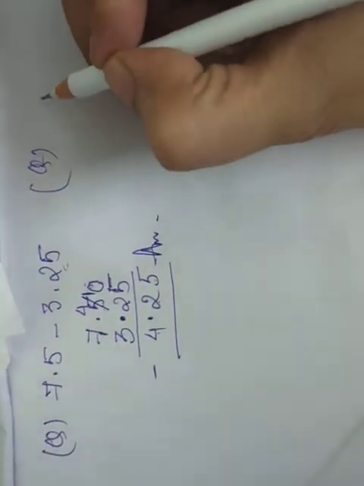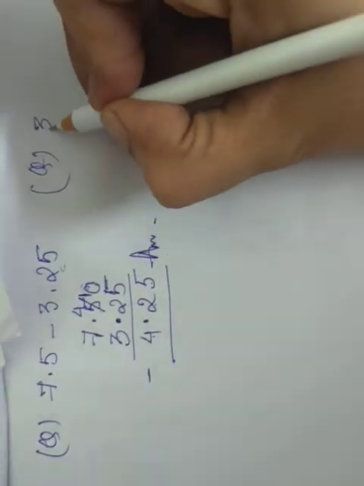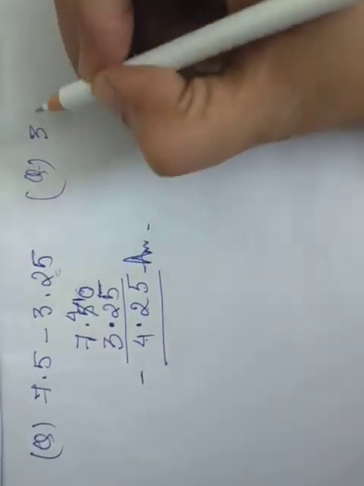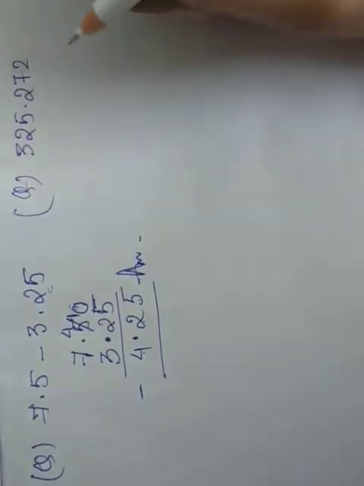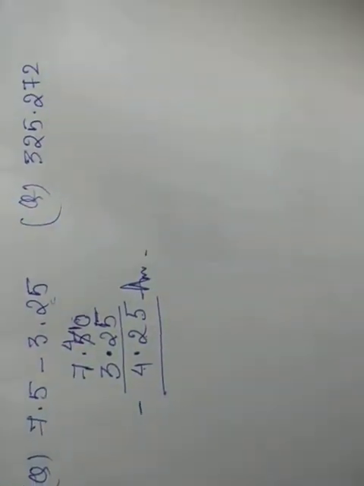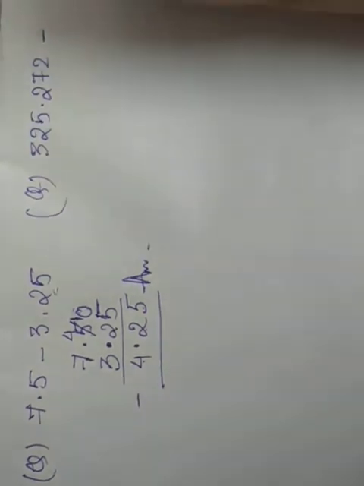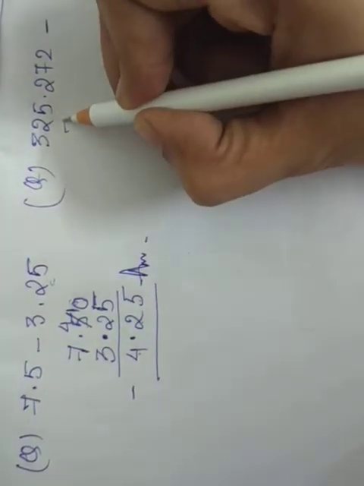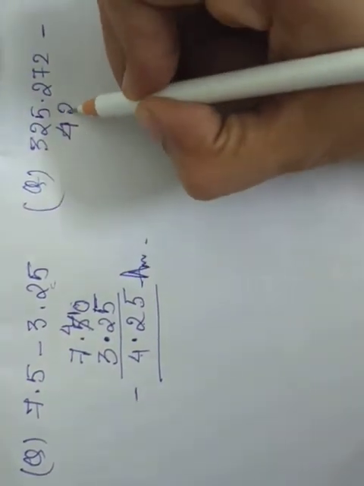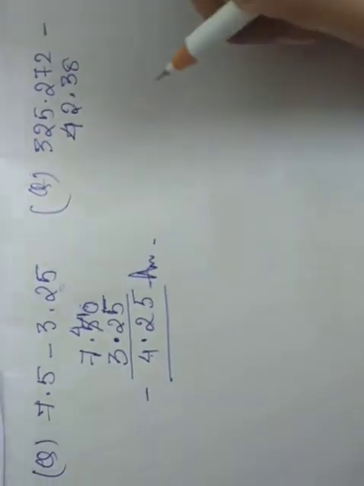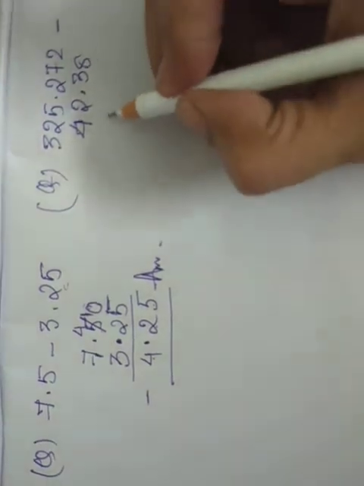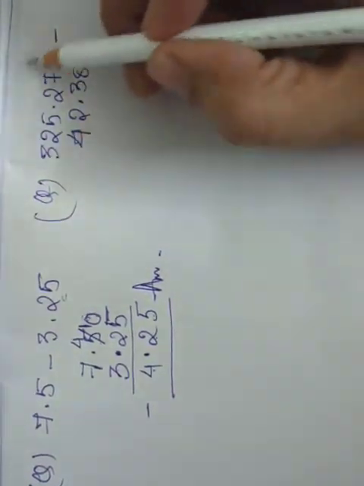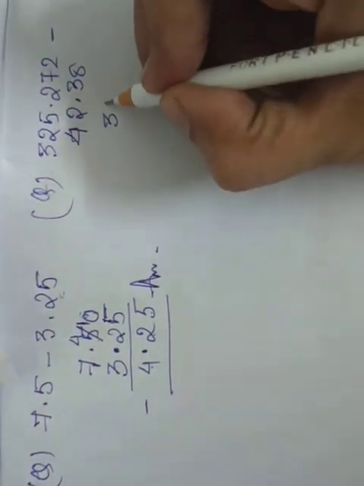It is 325.272 subtracted from 42.38. Now let us write it first. First we will write the first digit.